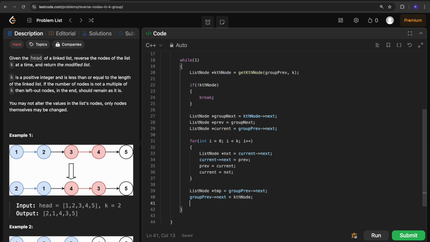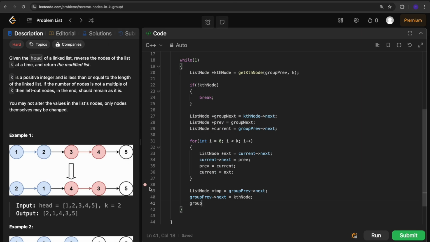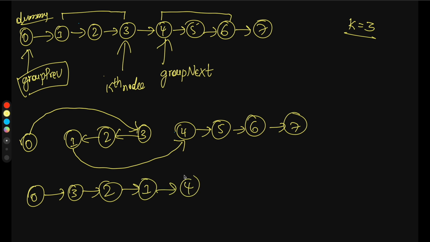And then what I'm going to do is I'm going to assign this group previous. Once again, group previous will be temp node, because once we rewrite this linked list, what is going to happen is it will be 0 and 3, 2, 1 and 4, 5, 6, 7.